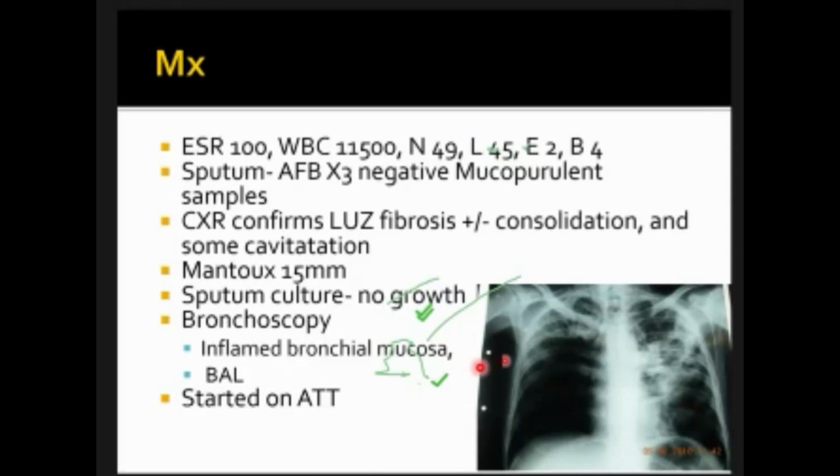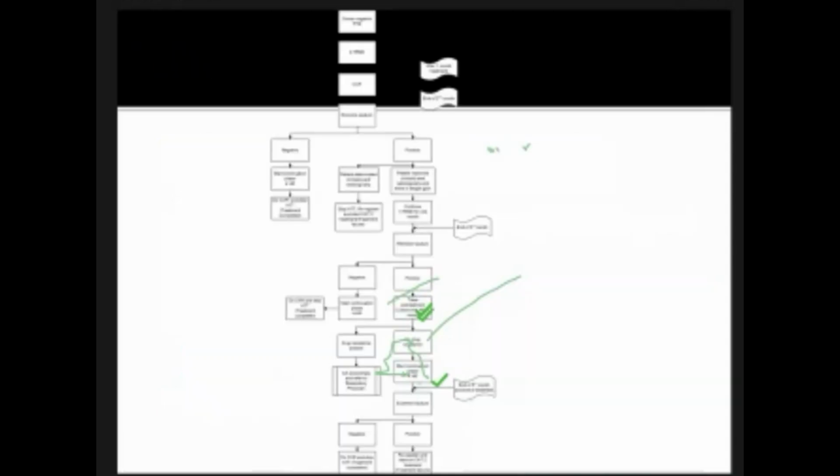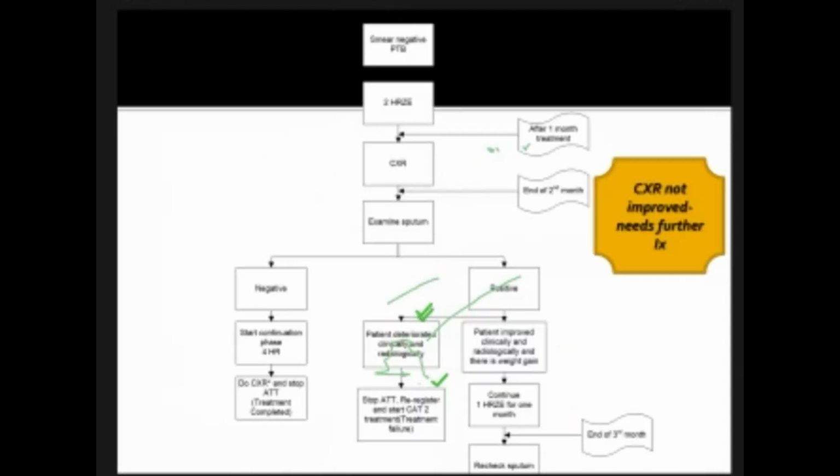So in clinically diagnosed TB, again, we will go down this pathway. And in these patients, a culture is a must at the start of treatment. Even in retreatment patients, we should always do a culture at the start of treatment.